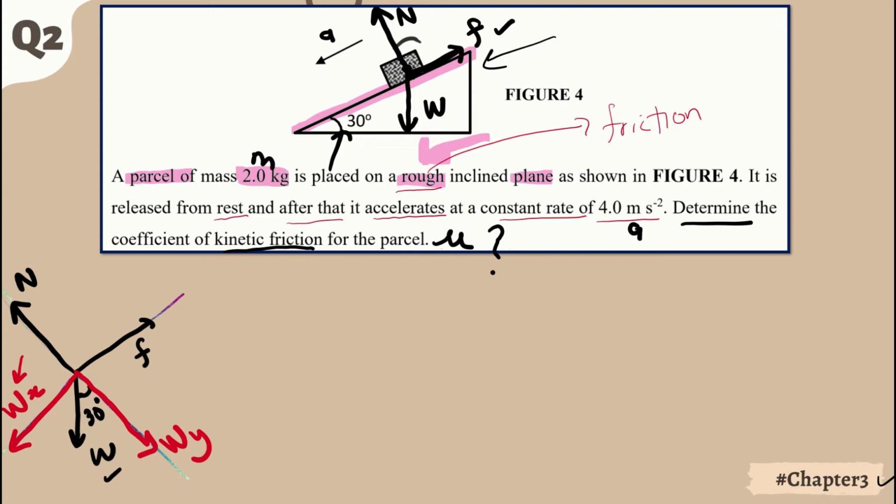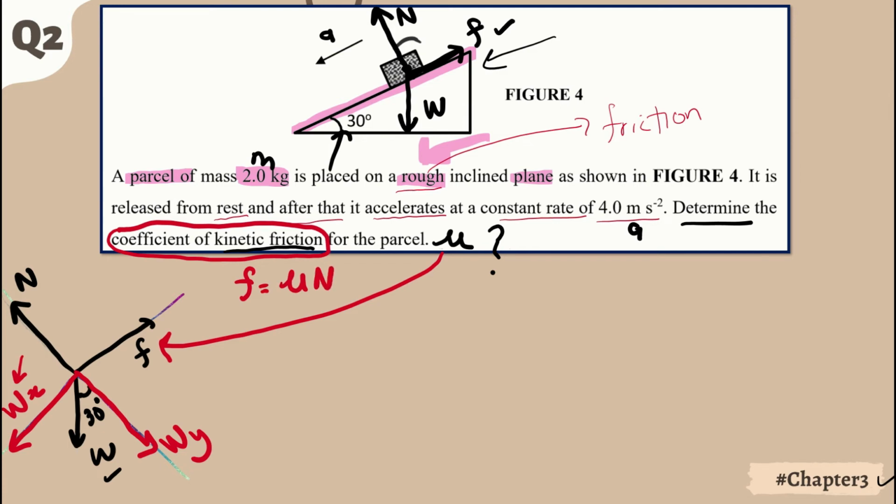Now we want to find the coefficient of kinetic friction, and we can get this from the equation of friction, F equals mu N. This means we are going to solve this question using the x-axis, because our friction is along the x-axis.